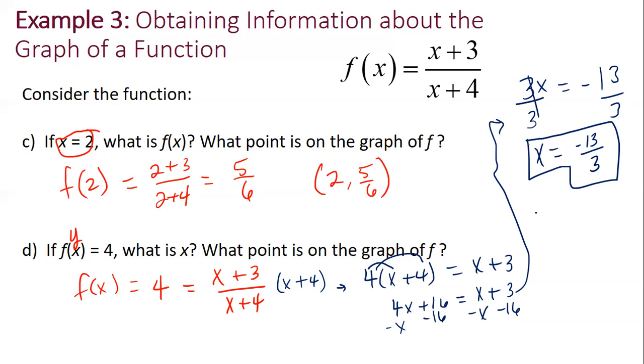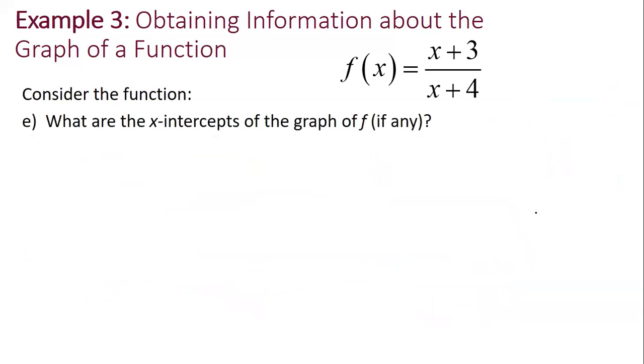All right. The last thing is what are the x-intercepts of the graph, if there are any. For x-intercepts, that means you're substituting in y equals 0. So when you're looking for x-intercepts, that means you have f of x equals 0. So I'm looking for f of x equals 0.